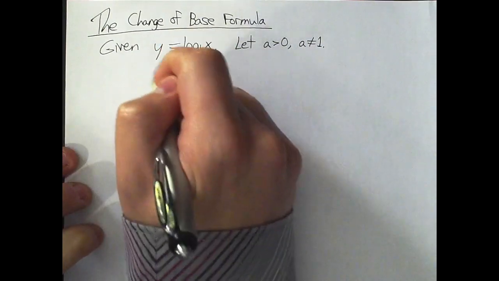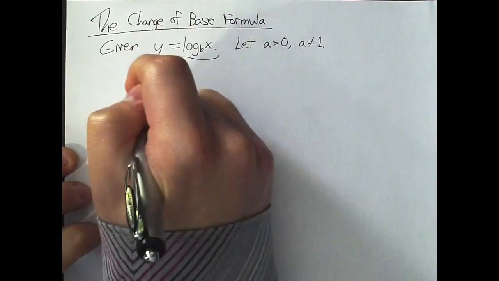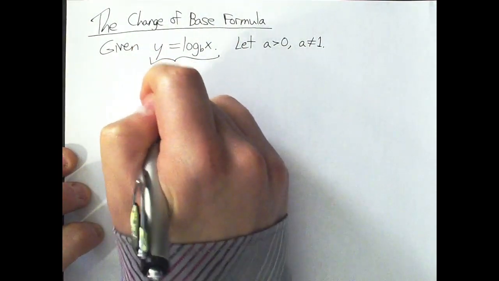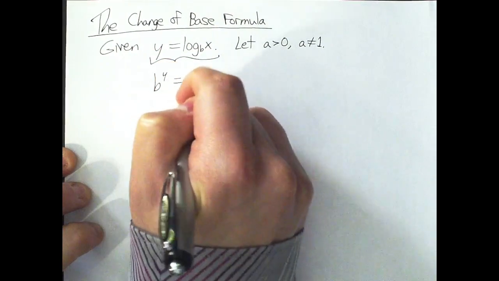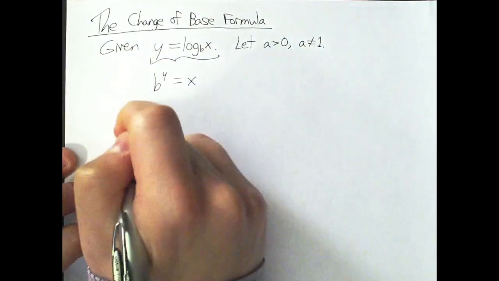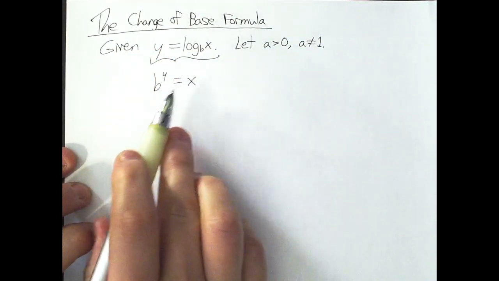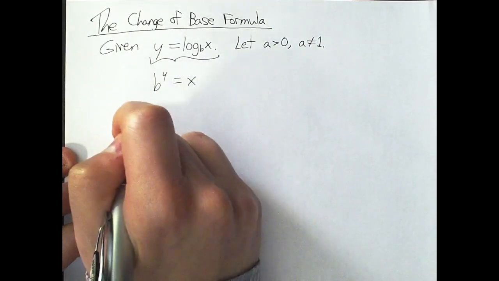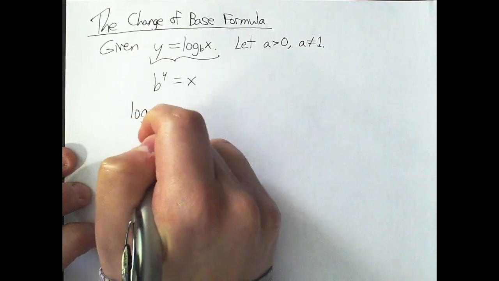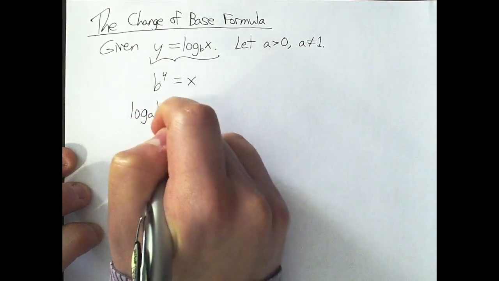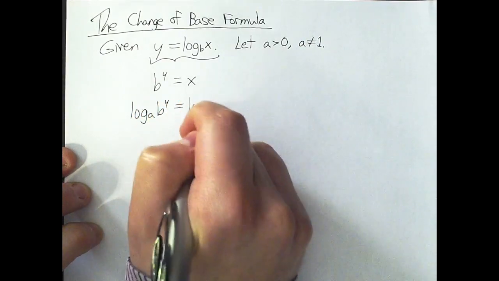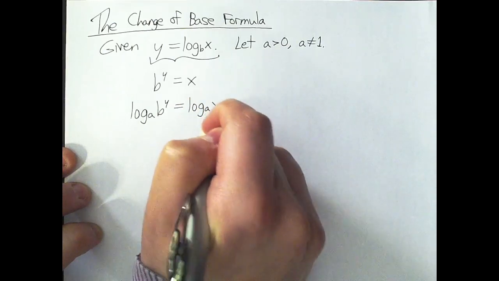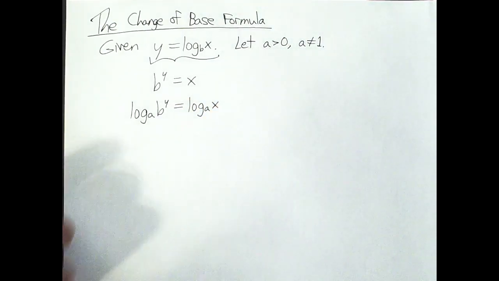What we're going to do is take this and say that this means that b to the y equals x. That seems fair enough, right? B to the y equals x because of this. I am now going to take log base a of both sides. We're doing this to derive something, so we are headed somewhere with this.